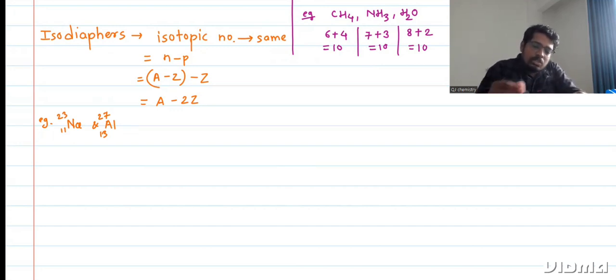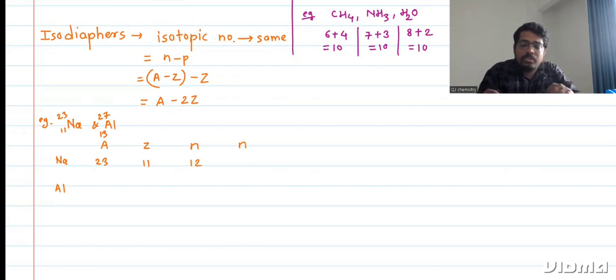For sodium, atomic mass is 23, atomic number is 11, so number of neutrons is 23 minus 11, which is 12. And number of neutrons 12 minus number of protons 11 is equal to 1.